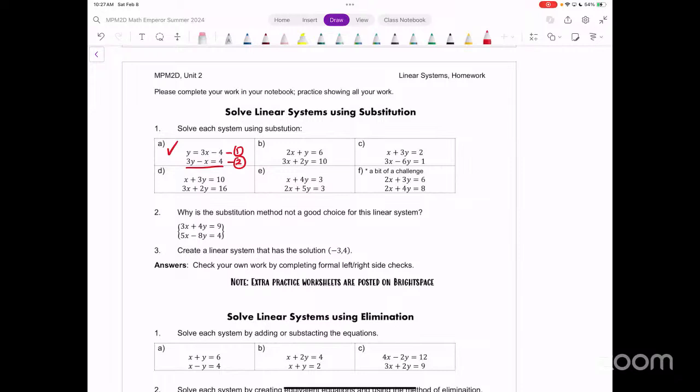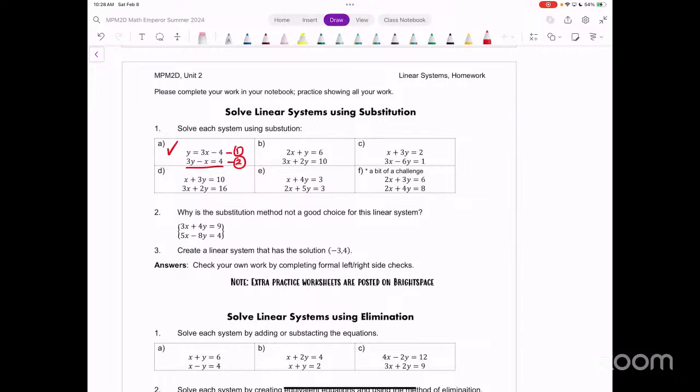Now, you're substituting equation number 1 into equation number 2, isn't it? That is missing. So now you have 3 times x minus 4. You're using the y in here, isn't it? Okay, and then correct. And then you check.